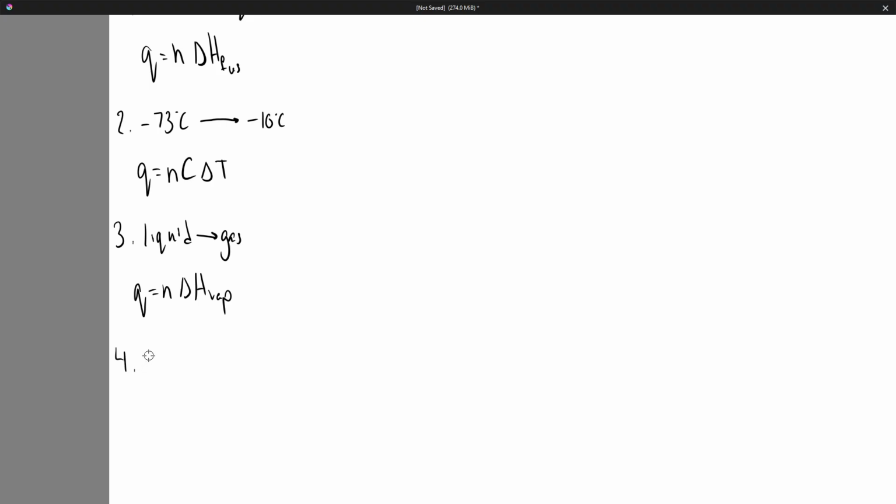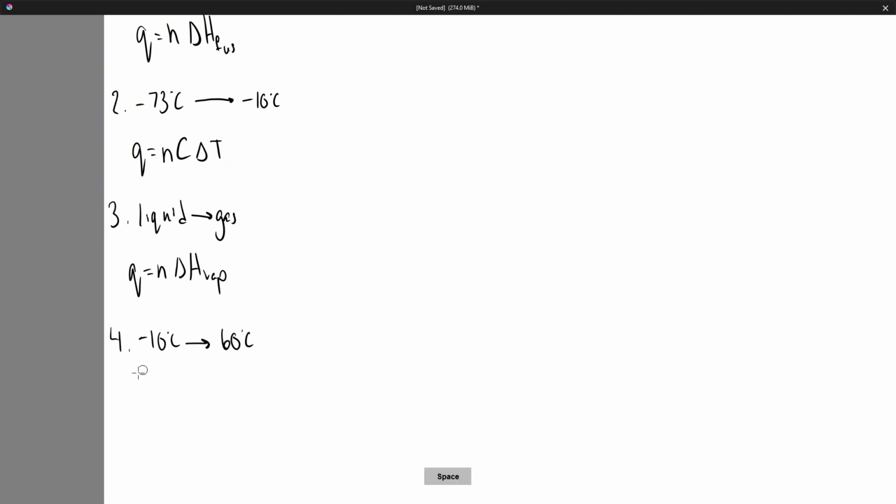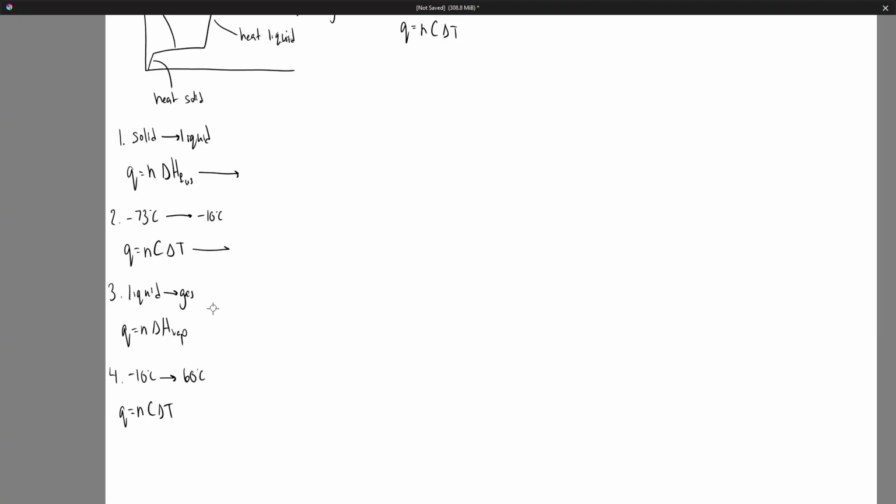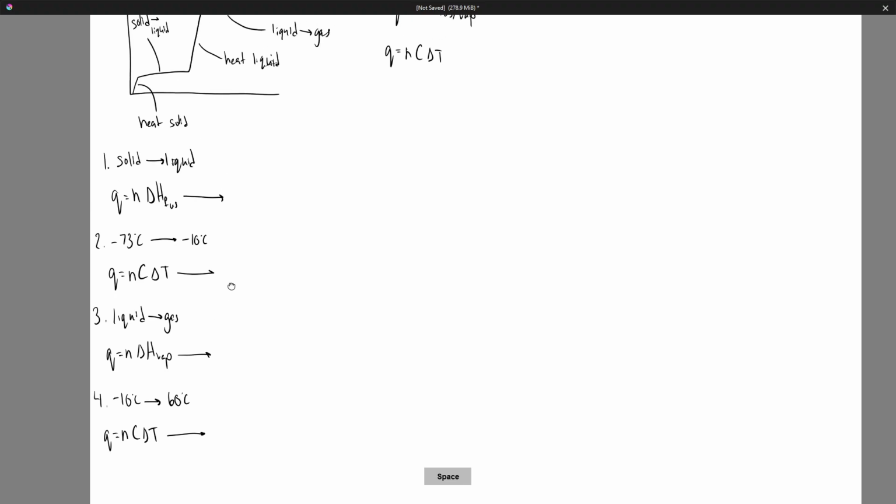So step 4 is you go from negative 10 degrees Celsius to 60 degrees Celsius. So that's Q equals NC delta T. And that's all you're going to do for this. So we're going to plug in everything to find how much energy is required to do all that.